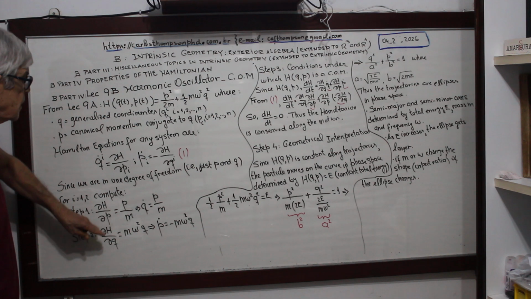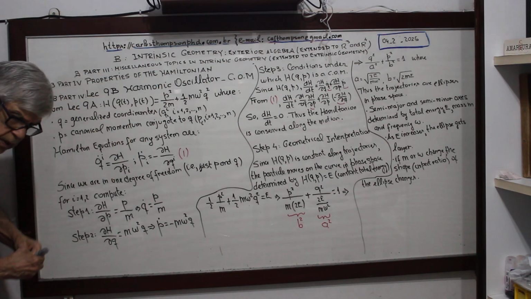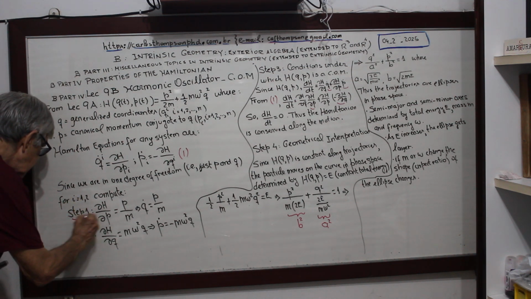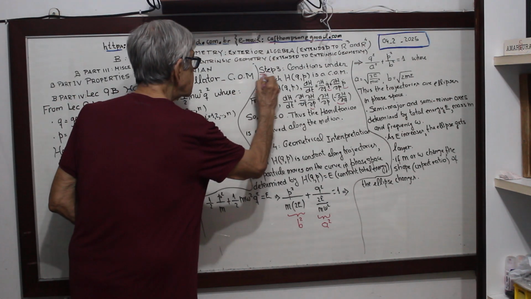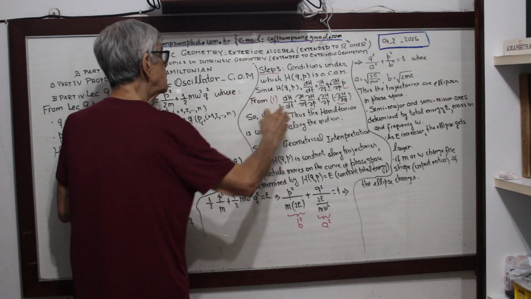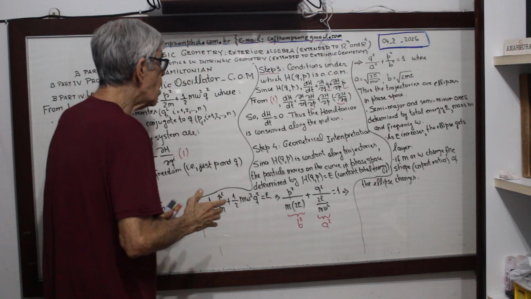Now, let's move to step 3, so you can see clearly step 1, step 2, and this is step 3: the condition under which the Hamiltonian is a constant of motion.